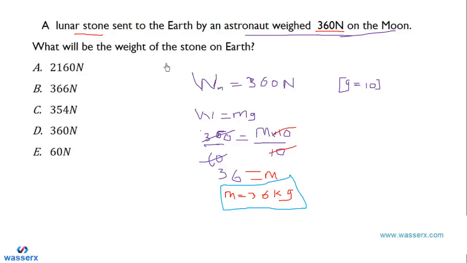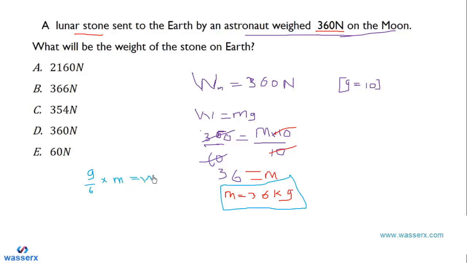Now we can't tell whether it is actually 10, but we know that whatever the gravity is on Earth, we divided by 6 and multiplied by the mass before we got the weight.